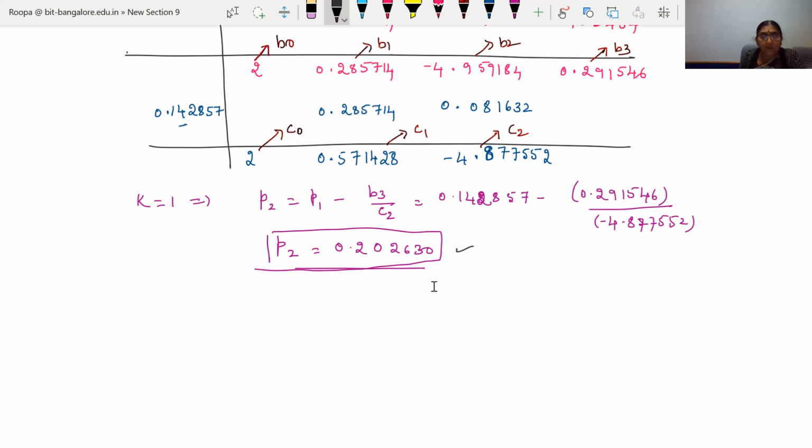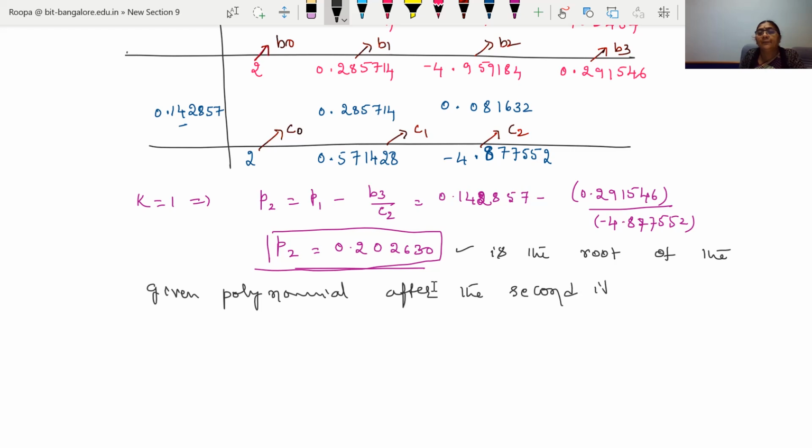This is a root of the given polynomial after the second iteration.